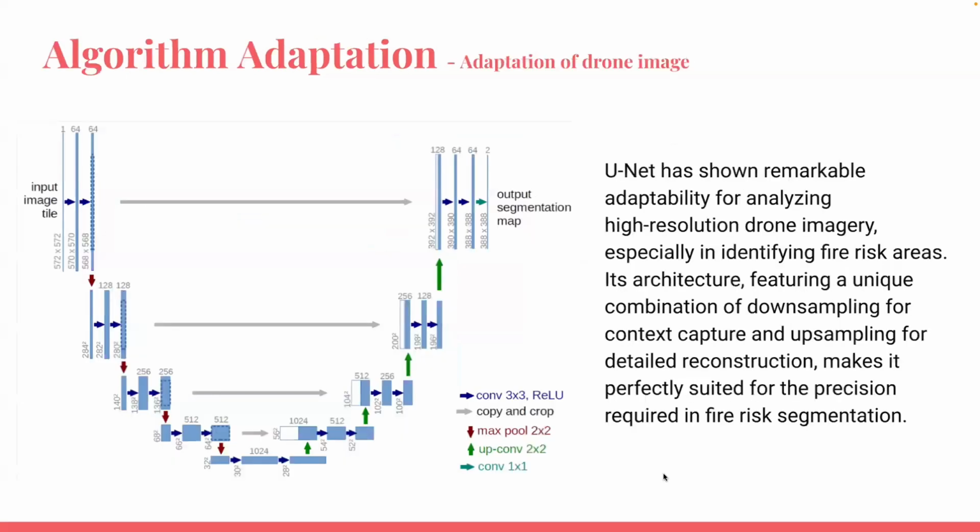For the algorithm adaptation part, the first part is the adaptation of the drone imagery. You can see the architecture of the UNet, and we use 4 different UNets, which I will introduce in the next picture. For this one, the UNet has shown remarkable adaptability for analyzing high resolution drone imagery, especially in identifying the fire risk areas.